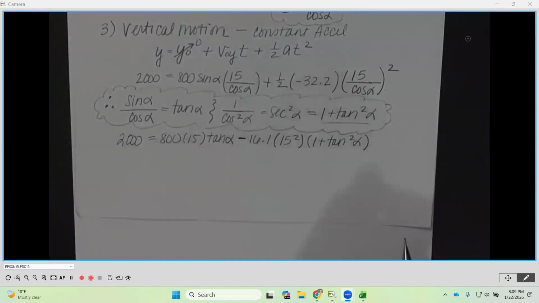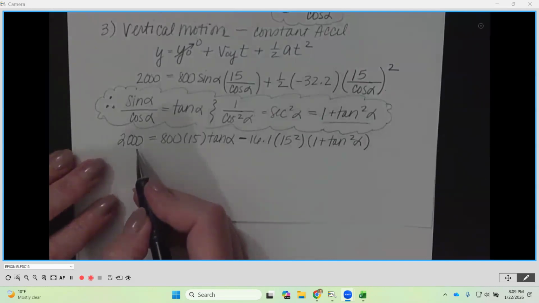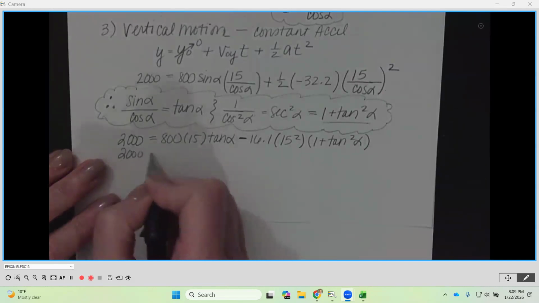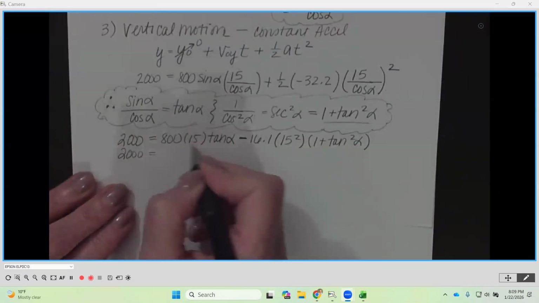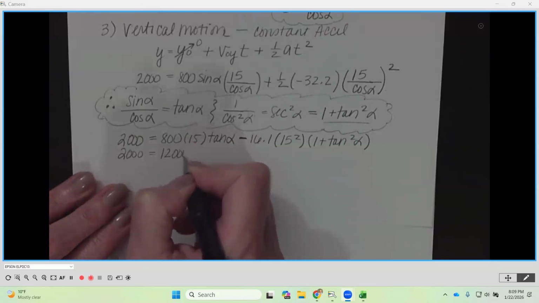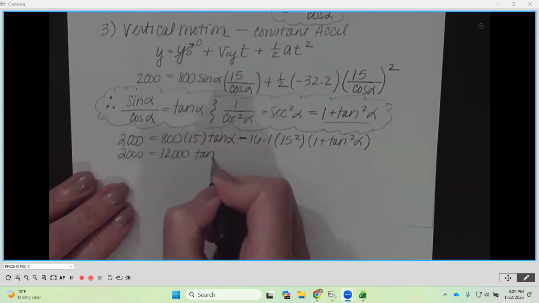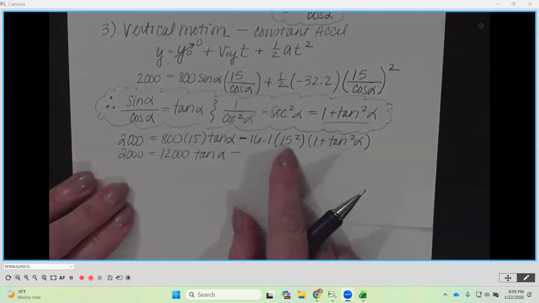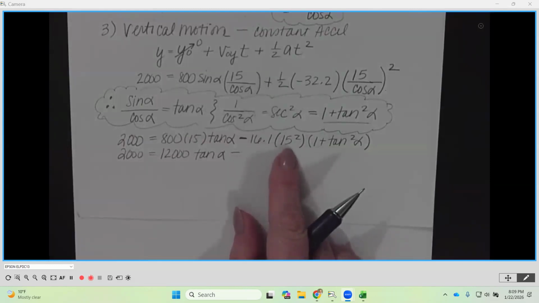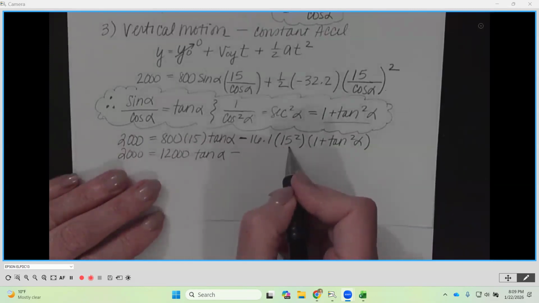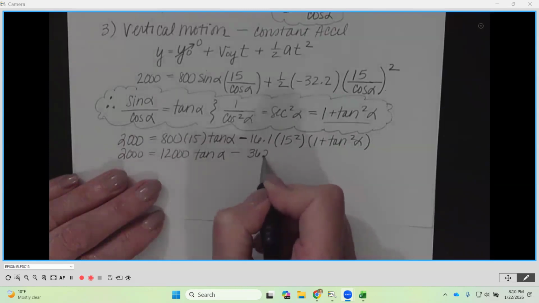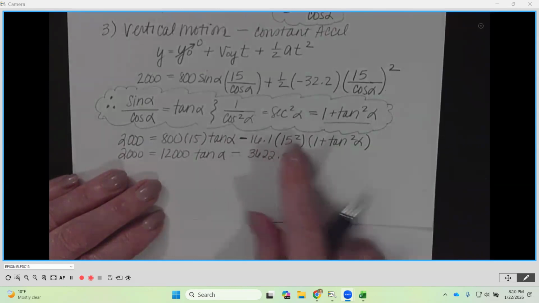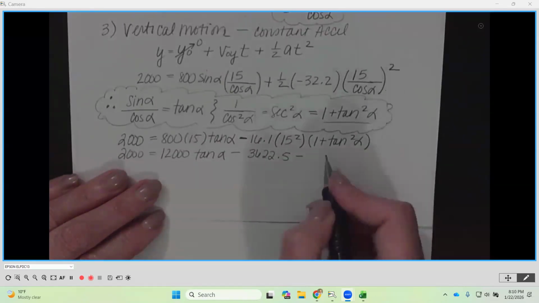So let me combine a little bit more here. We're going to multiply this out. I'm just going to leave it on this line right now, and get this into my numbers. So 800 times 15 is 12,000 tan theta minus 16 times 15 squared, which is 3622.5. Now I'm going to multiply it here times the tan.